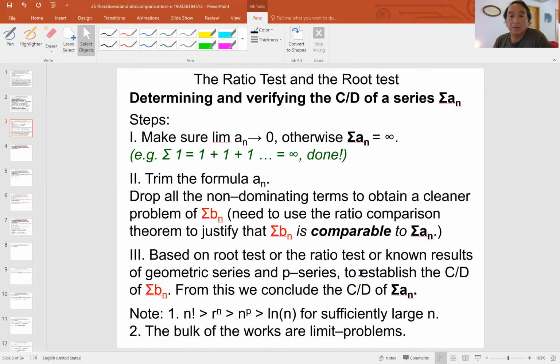Of course, this is where the work is. We have to justify that the thing we created is comparable.